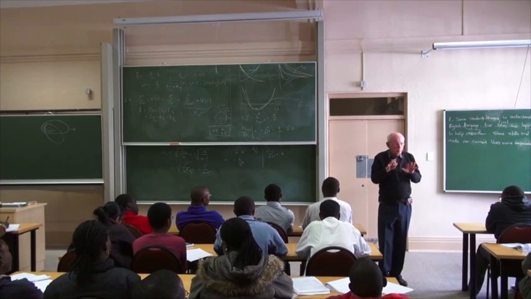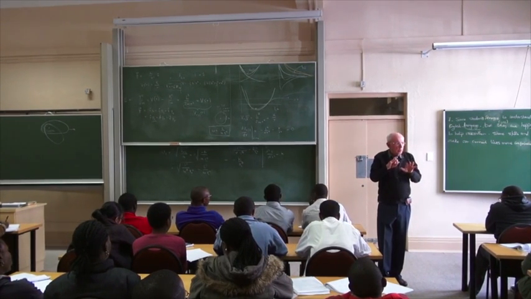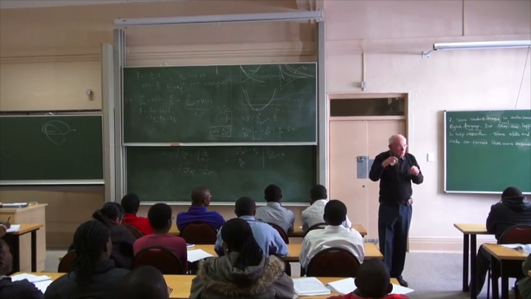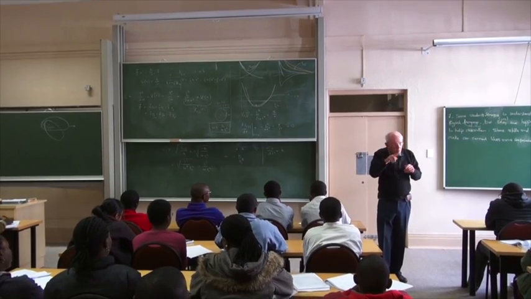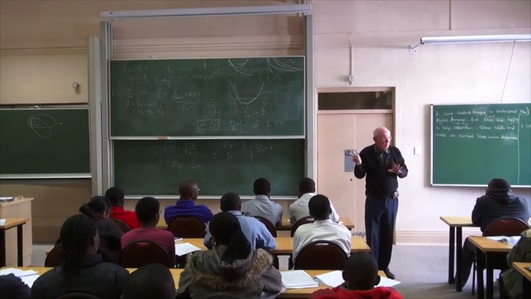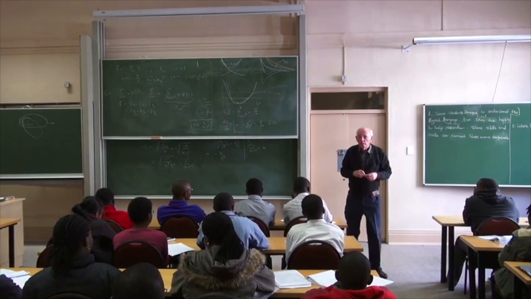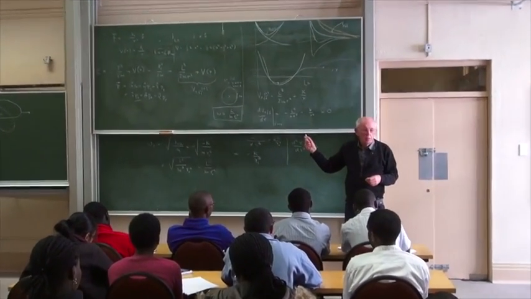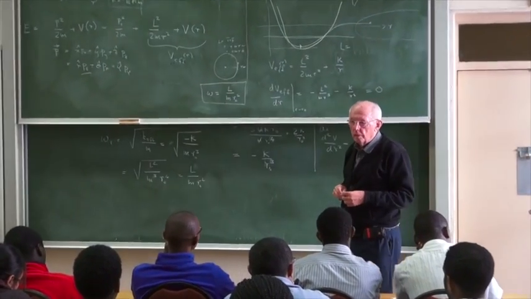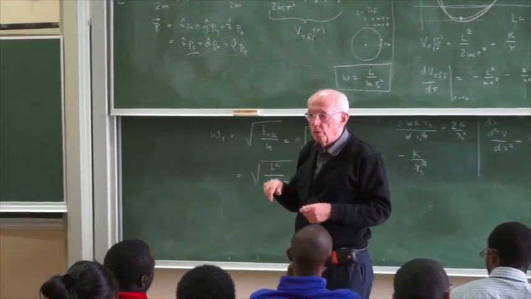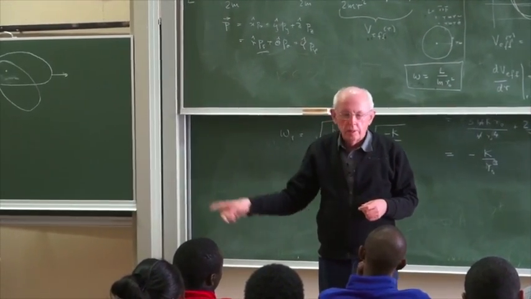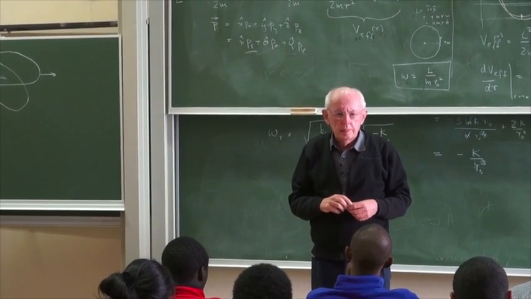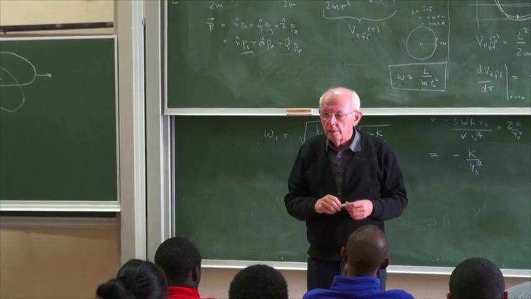If you change that potential to something else, which is still just a function of r, but it's not 1 over r, it's something more complicated, then that will not be true. If you have a little program which generates the motion of planets, you can try that out.